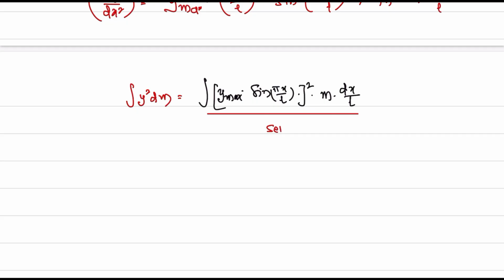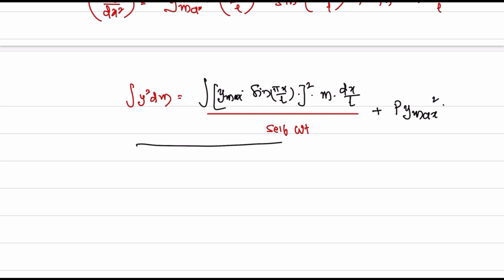It is for self weight, and another load is also acting on the beam. For that beam loading, y square dm will be load into y max square.